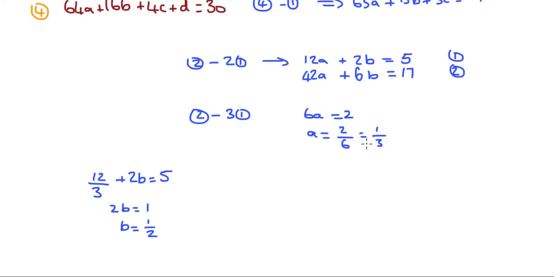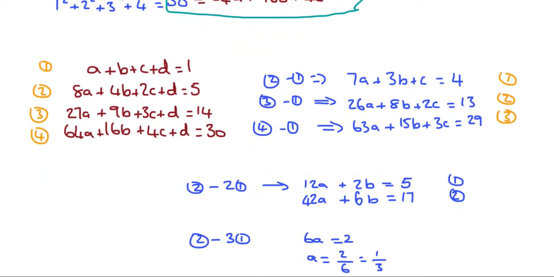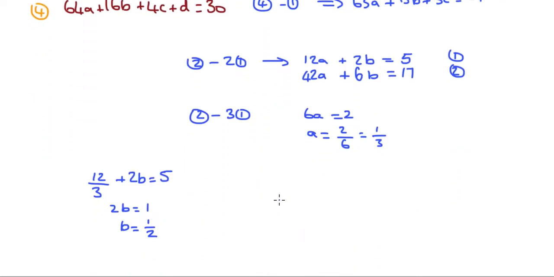I can take the fact that A is a third and B is a half, and as I said before, I can then put those into the 7A plus 3B plus C equals 4. So 7A is going to be 7 thirds. It was 3B, so that's 3 halves, plus C is equal to 4.